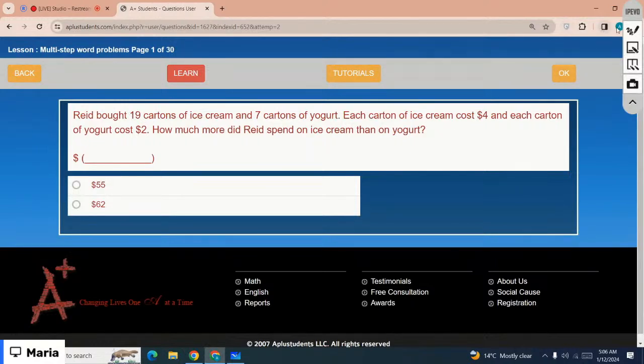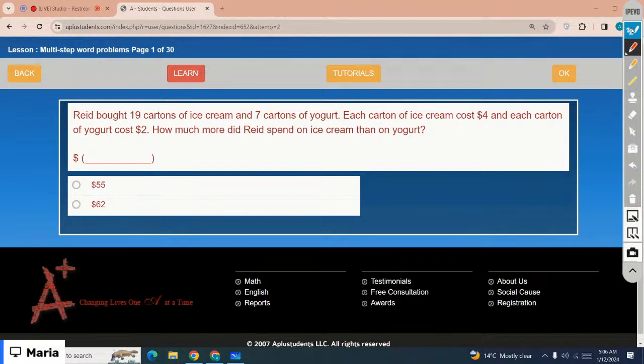He has 19 cartons of ice cream and each carton costs $4, so let's calculate the cost of the ice cream. 19 times 4: 4 times 9 is 36, and 4 times 1 is 4, so it is 76.